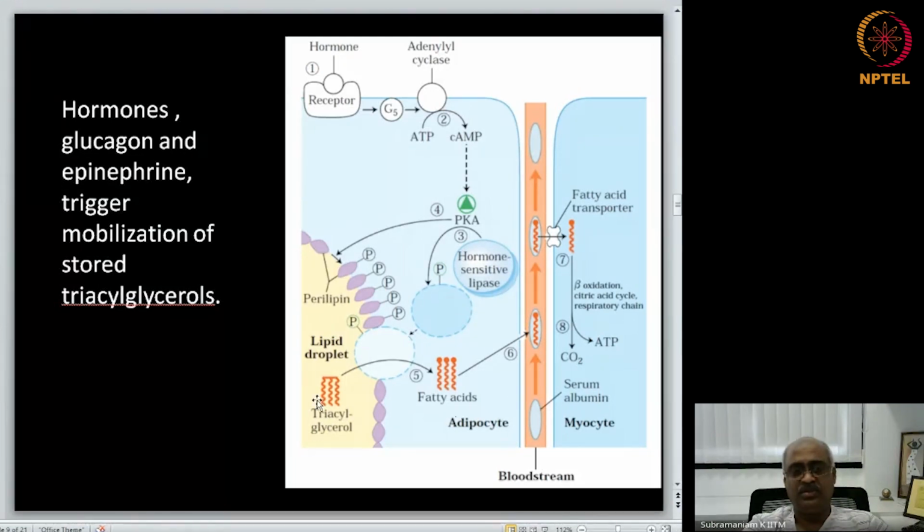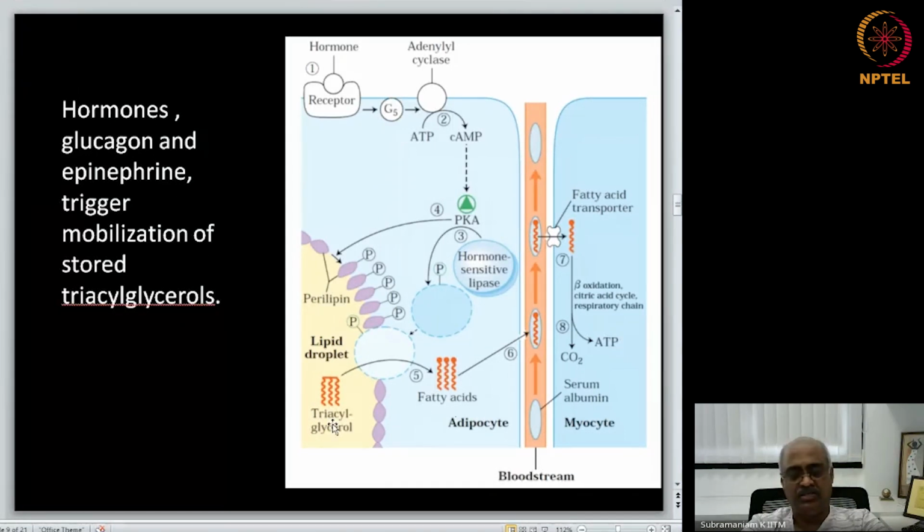The experimental observations show that although lipase activity increases upon phosphorylation, the major effect in lipid mobilization is actually the phosphorylation of these perilipins. And when perilipins are defective for this phosphorylation, the lipid mobilization does not happen at all.